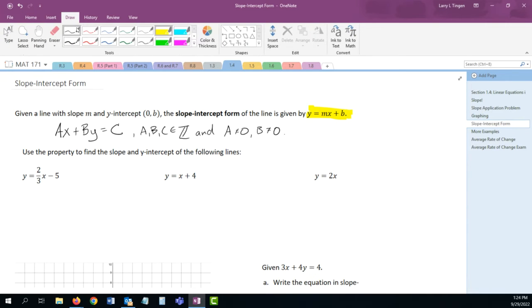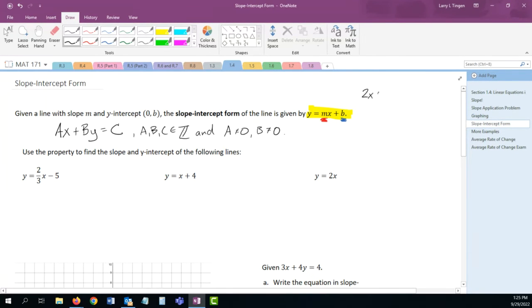Why is it called the slope-intercept form? Because the slope is the coefficient in front of the x, and the constant term is the y-coordinate of the y-intercept. But it has to be in this form right off the bat.